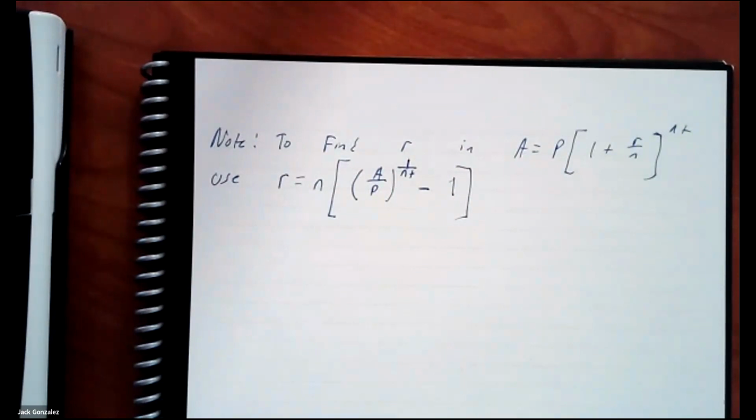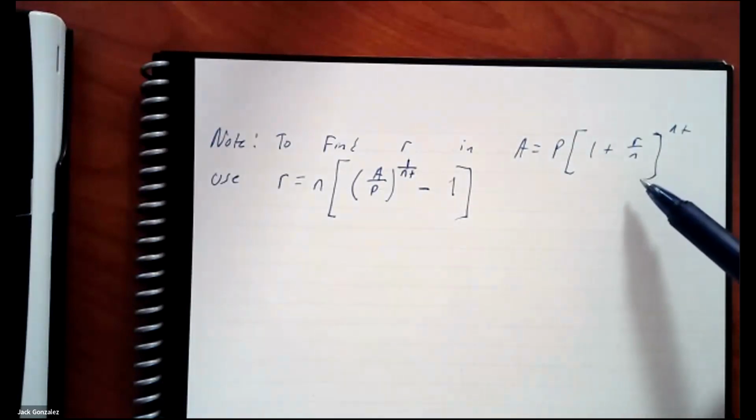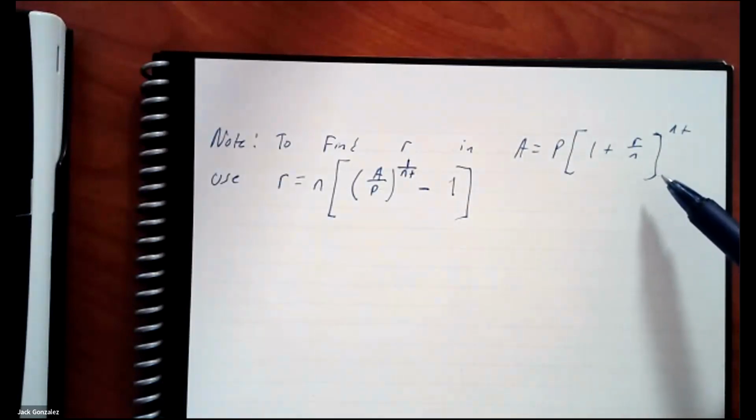This will give you the rate every single time. You just punch the numbers into your calculator, and you'll get it. Just change to percentage. That'll save you all the algebra work. You don't have to do the root stuff and all that. But this is only for this type of interest rate.